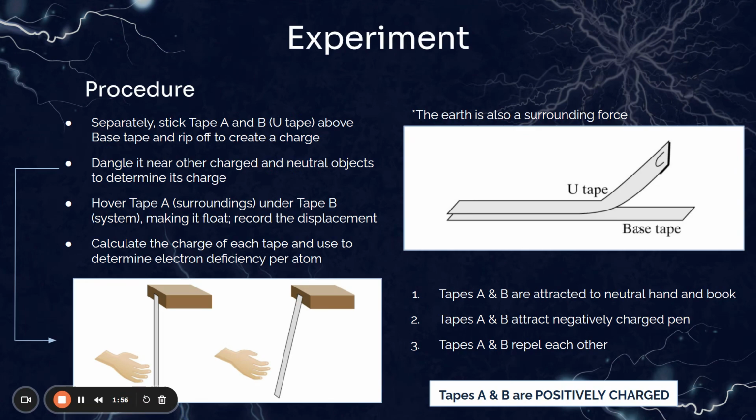Then we put the tapes next to a negatively charged pen, and they were attracted, which means that the tape was positively charged. And finally, tapes A and B repelled each other, which means that they were both positively charged.